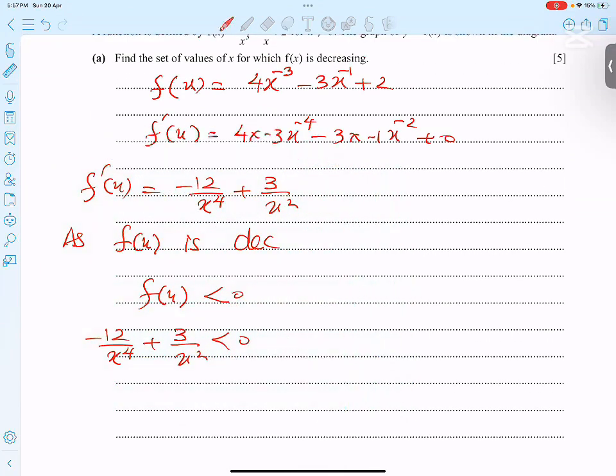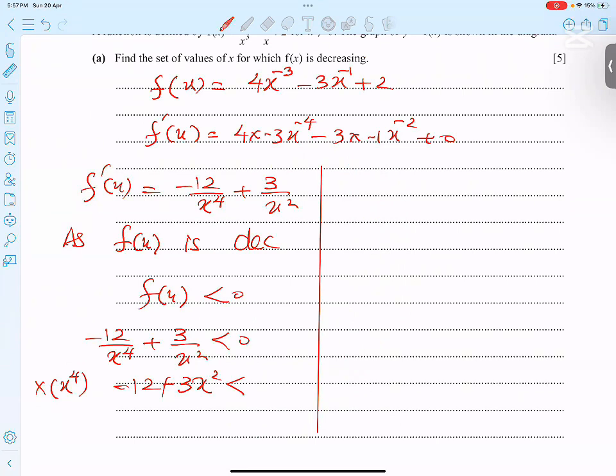So I'm writing it now here. So now what to do? Multiply with the negative x to the power 4, or take LCM. Same thing. If I multiply with this, I get -12. If I multiply with this, it cancels x to the power 2 and I get 3x to the power 2. And wait a minute.